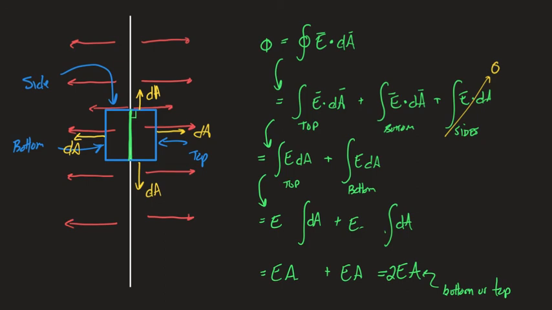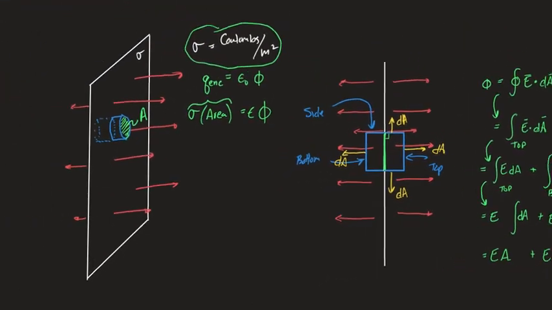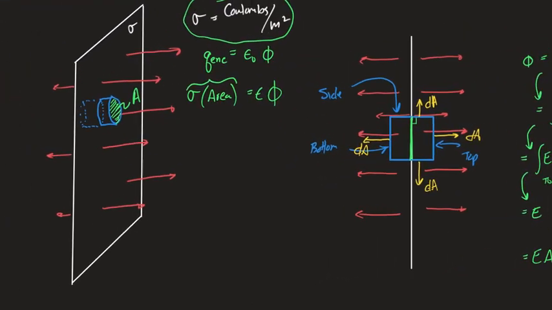Now, part of the reason why I did it this way is because when I come back over here, it's the same area that determined how much charge there was. Right? The area of the top or the bottom is the same area.